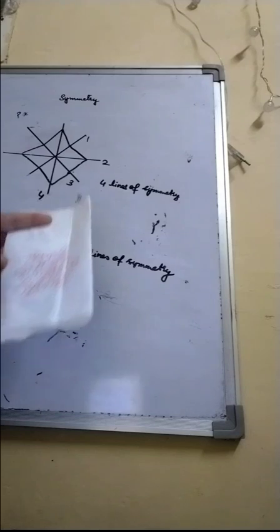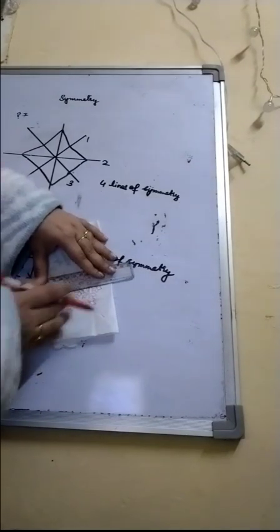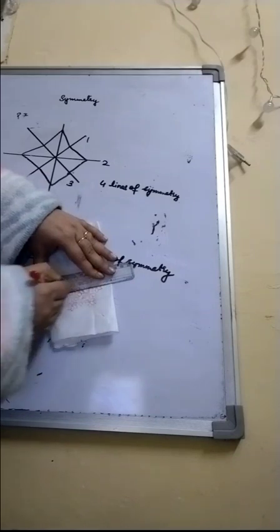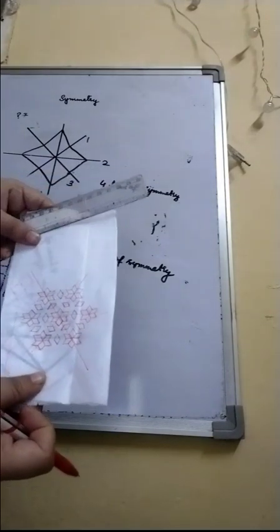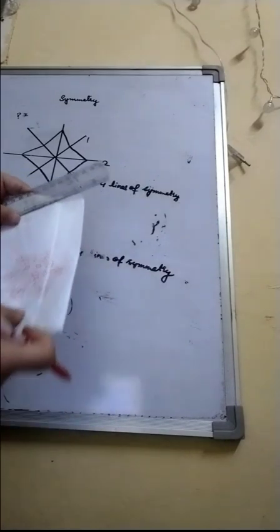Similarly, you can take the horizontal side and draw the third line of symmetry like this. This is the horizontal line, third line of symmetry.